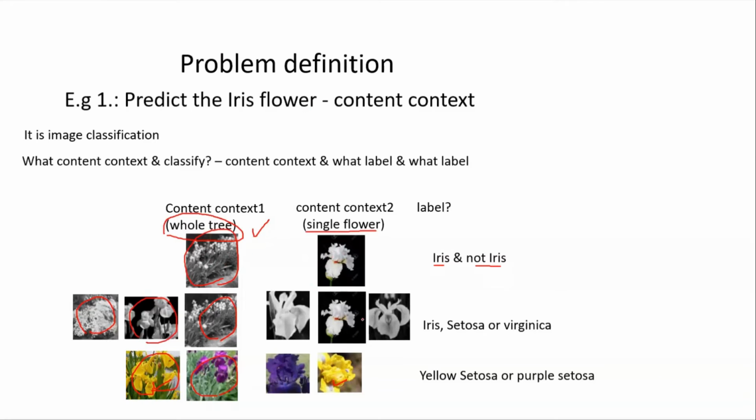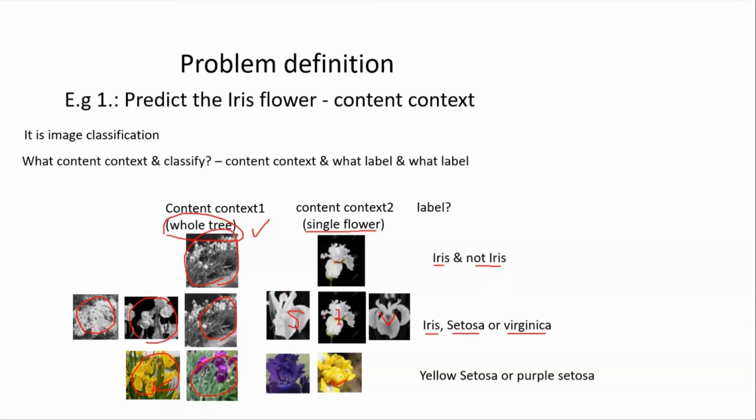The same is this. We've got three labels, three classes: iris, setosa, and virginica. So this is iris, this is setosa, and this is virginica. And it is a single flower. We want to recognize only the whole picture of the flower, a single one, nice like this. So the whole flower is in the picture.